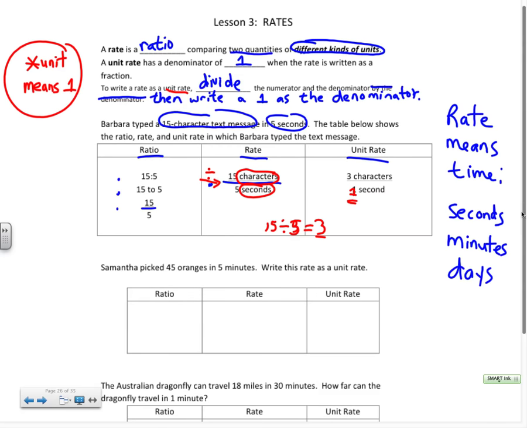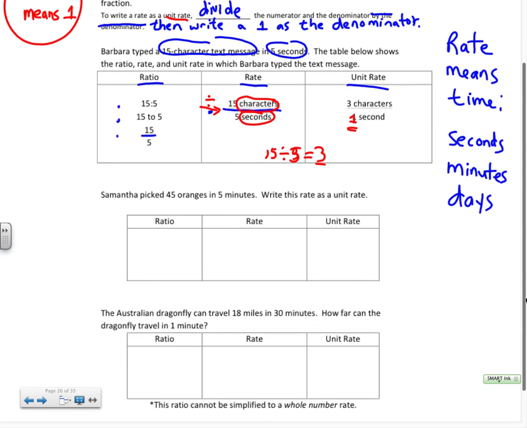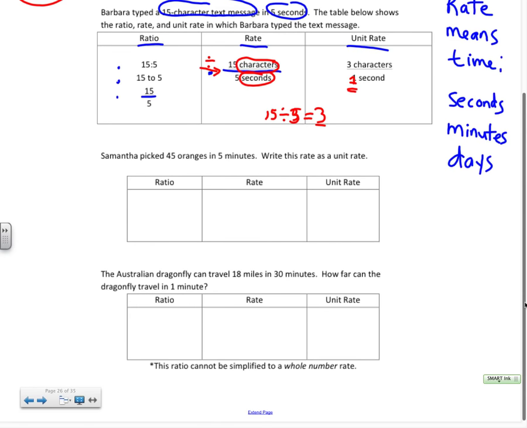Samantha picked 45 oranges in 5 minutes. Write this rate as a unit rate. So let's start by writing the ratio 3 different ways. 45 oranges in 5 minutes. That's a ratio of 45 to 5 with a colon, 45 to 5 in words, and 45 to 5 in fraction form. Whenever you write it as a rate, it's always easiest to write as a fraction.